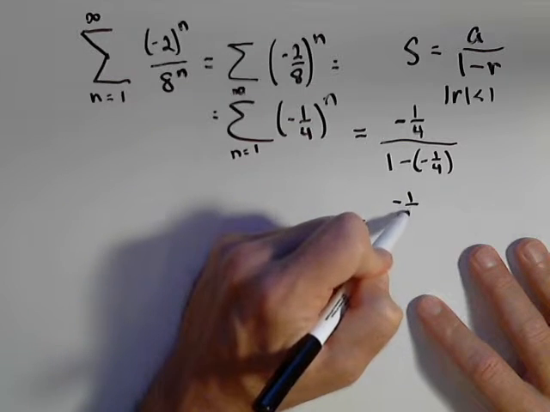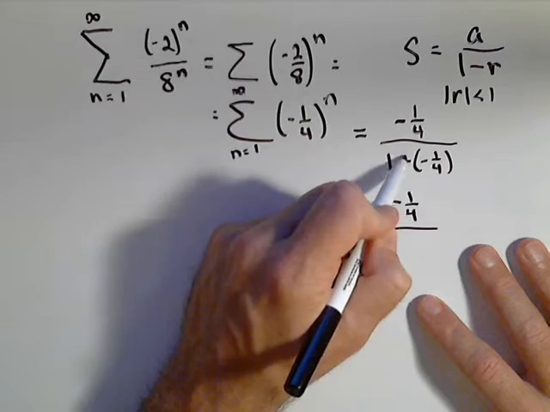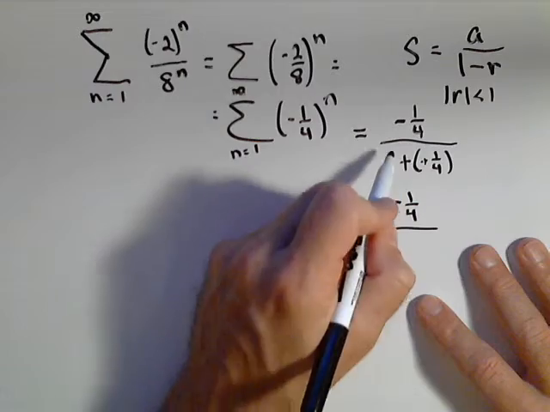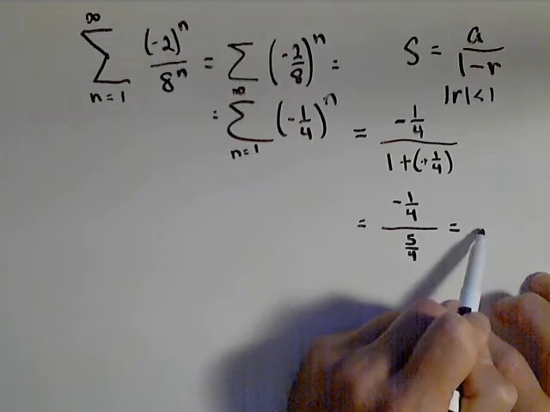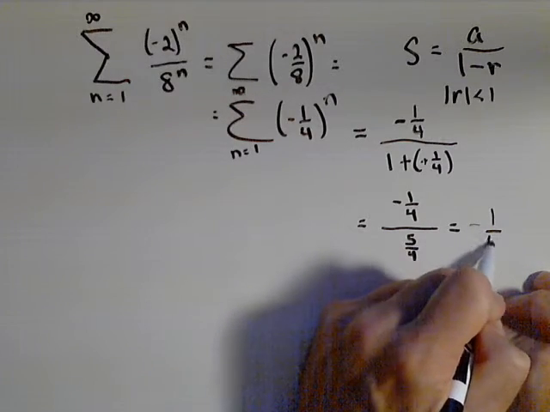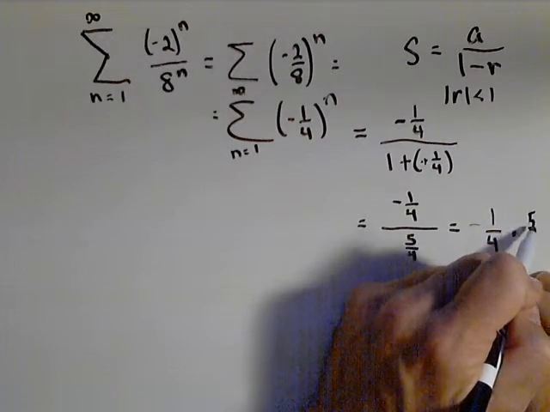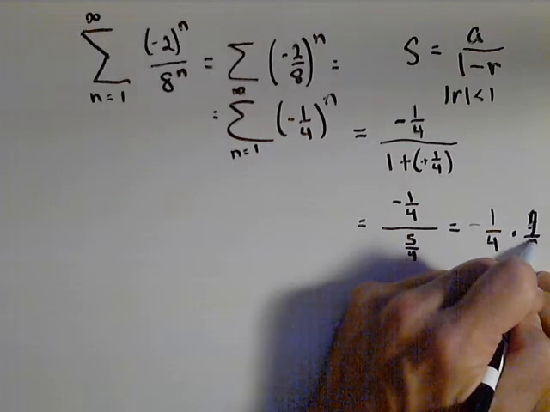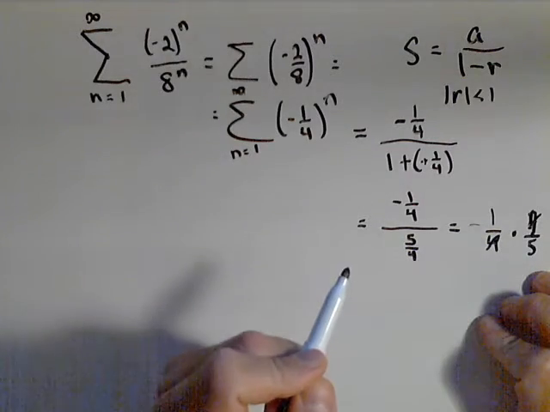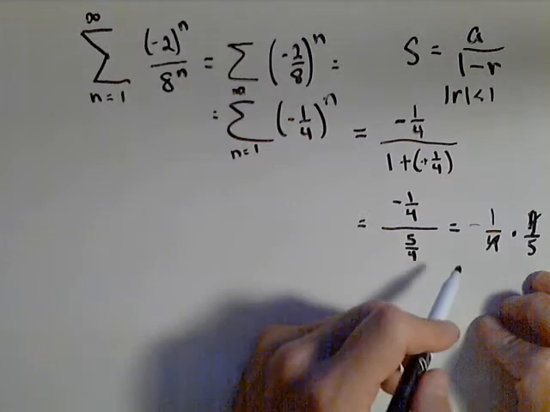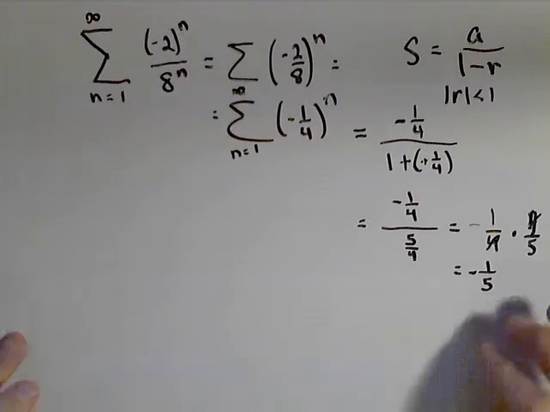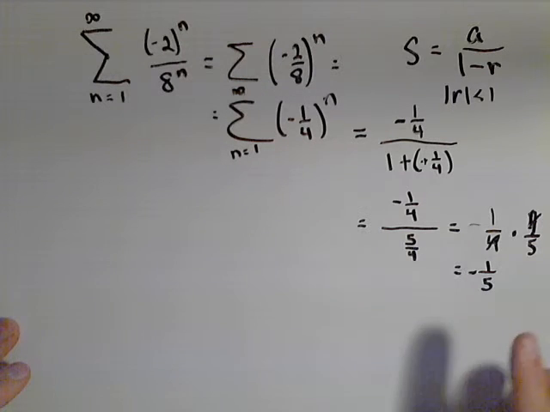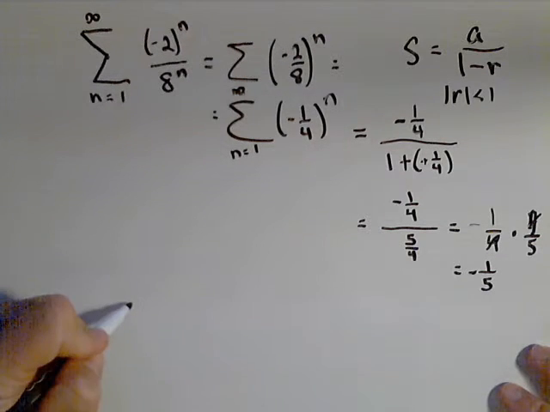So -1/4 over, those will both go to positive, so that's going to be over 5/4, equals -1/4 times 4/5. Sorry, we're going to flip and multiply. And so that gives us -1/5. So that's our sum there.